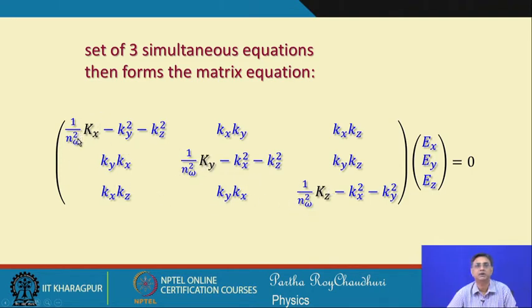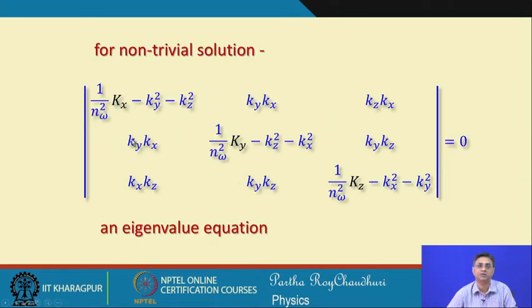So, 1 by n omega square K x minus k y square minus k z square, and a similar term here in all diagonal positions, and k x k y, k x k z, k y k z will be occupying the off-diagonal positions. So, this matrix equation will be the characteristic equation which will represent the behavior of the anisotropic medium.